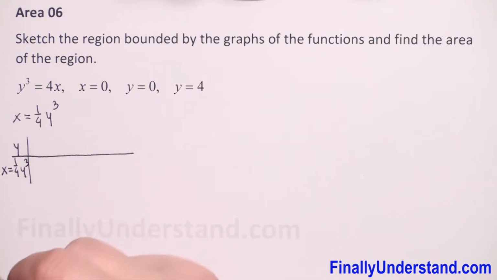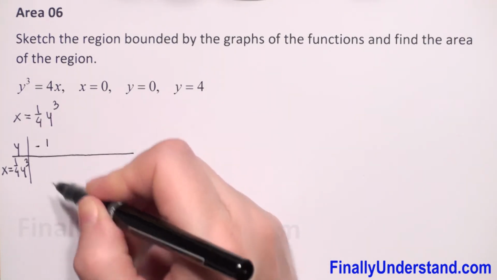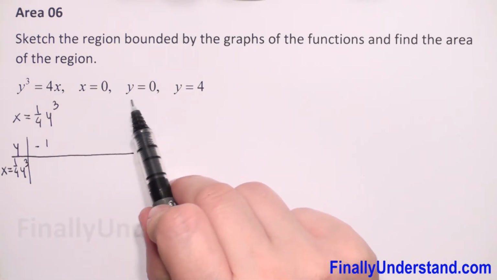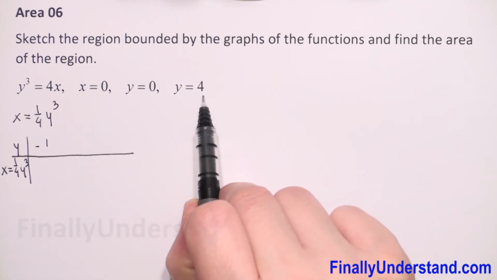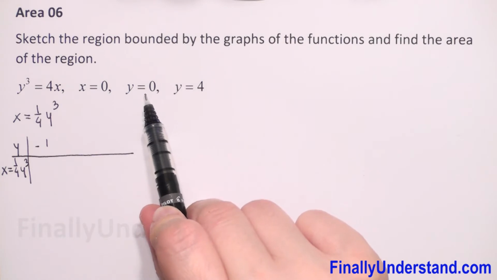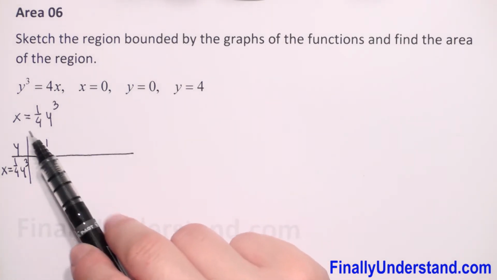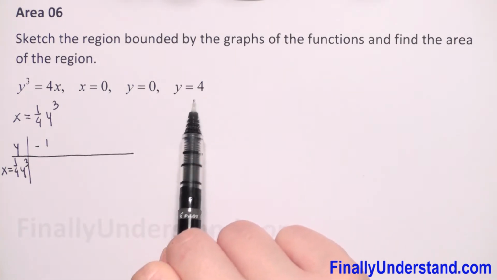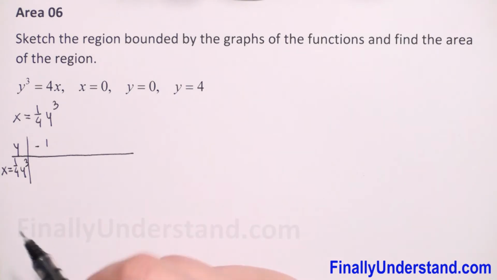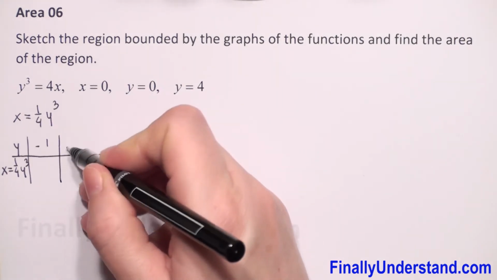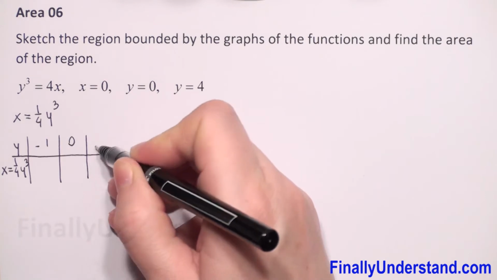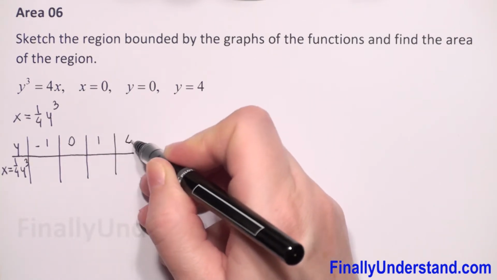We will choose the easiest numbers, so -1, because in this case we have y equals 0, y equals 1, and y equals 4, so for sure we will find the value of our function for y equals 0, 1 and 4.